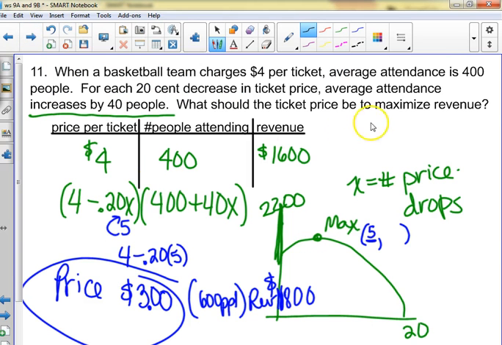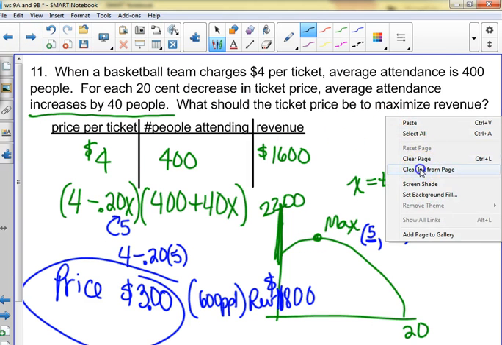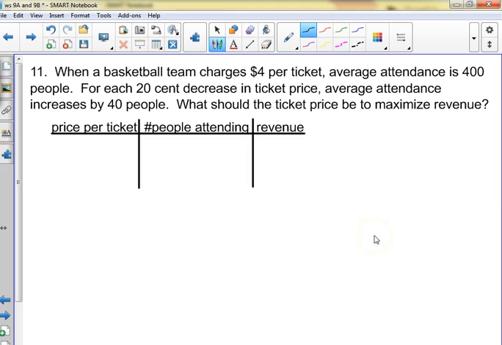11. All right. When they charge $4 a ticket, the average attendance is 400 people, so they're bringing in $1,600. For each 20-cent decrease in price, so this is going to go down by 20 cents.